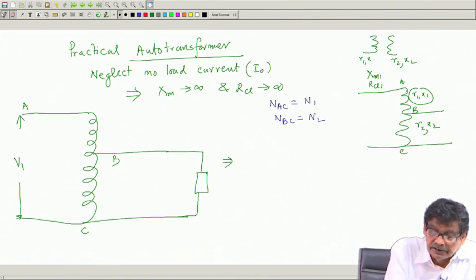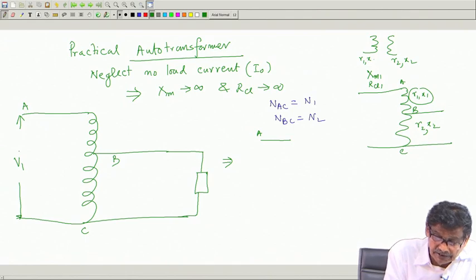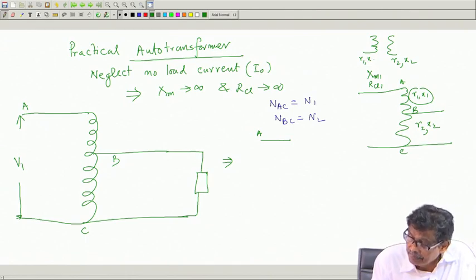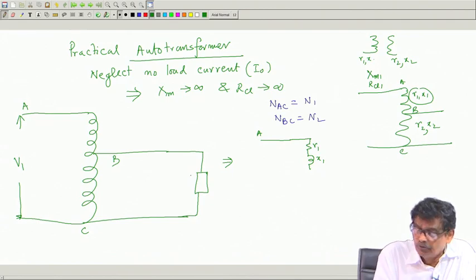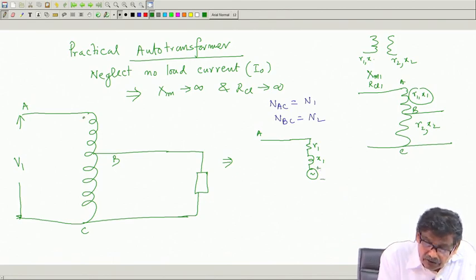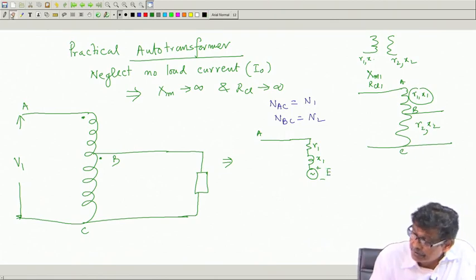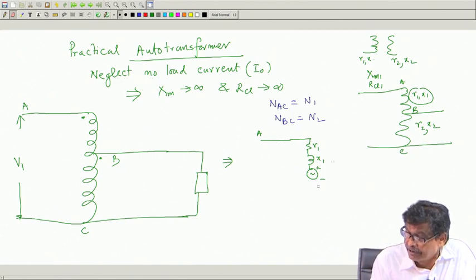So, I will draw it in this way. I start from A point, V 1 is the supply voltage, then there will be just like a two winding transformer R 1 X 1, it will only cause extra voltage drop and then will come your E 1 and these two are dots. I am not sure whether it will be E 1, I will write what it will become.